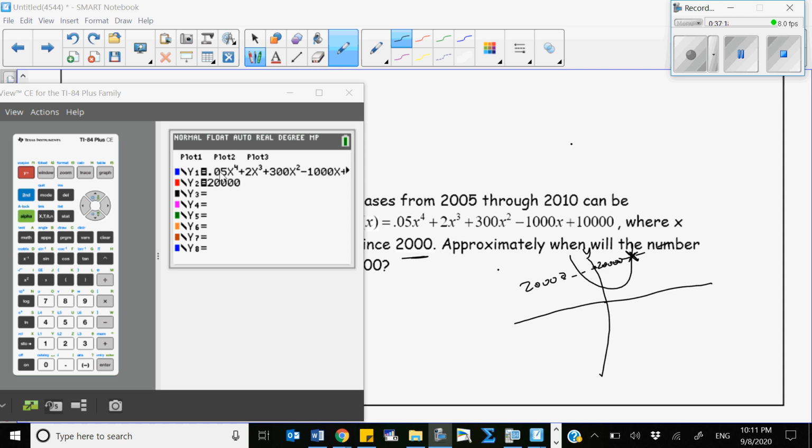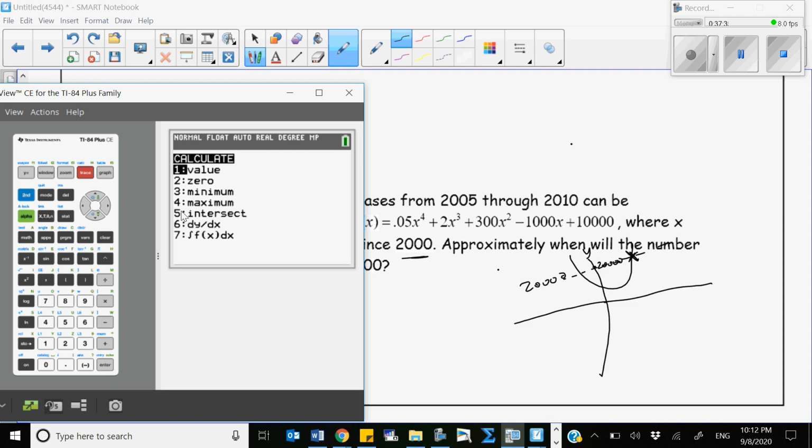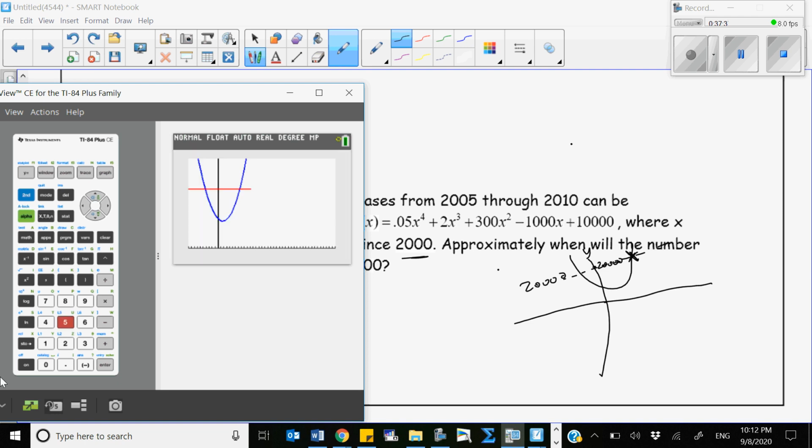Okay. So I have two functions here. Basically, I want to find the intersect of this horizontal line of Y equal to 20,000 and my graph. That's the intersect of these 2 points. To find the intersect, I go to second trace, and number 5 gives me the intersect. Okay, now it's asking for the first curve. I need to see where is my cursor.